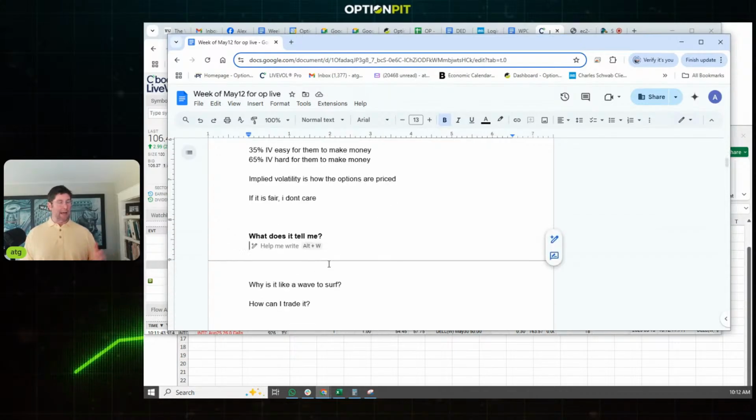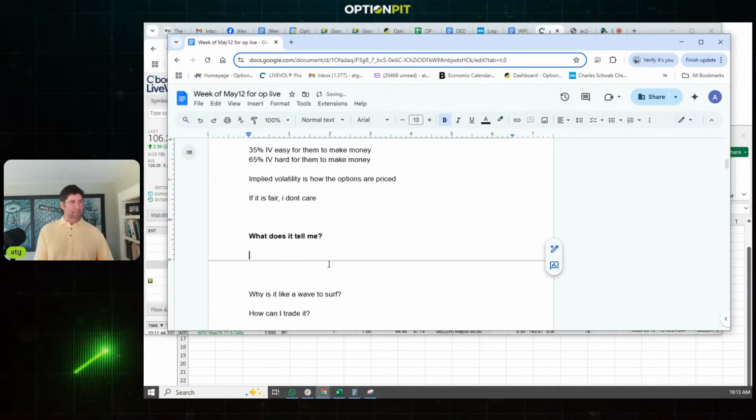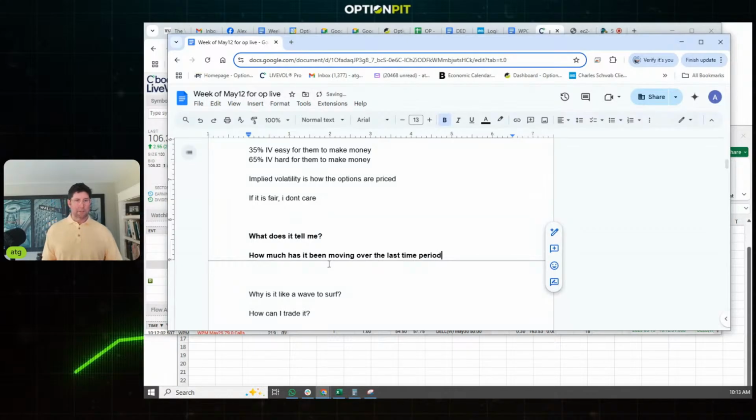It tells me how much the stock has been moving over the last 5 days, 10 days, 20 days, 30 days. So what this is going to do is give you an idea of what the market is doing.